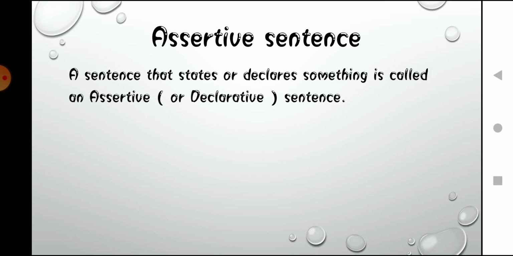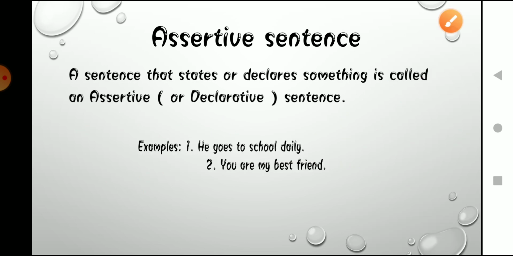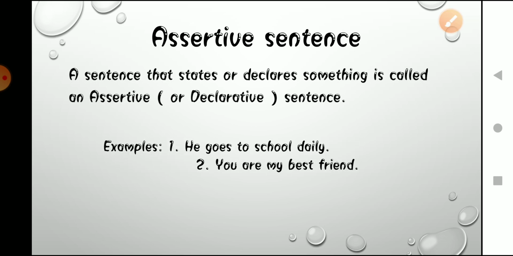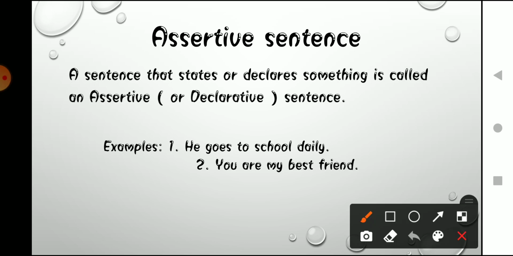How? Let's see. For example, he goes to school daily. This is an example of an assertive sentence, or you can say declarative sentence, because in this sentence we are getting information about a person that he goes to school daily.